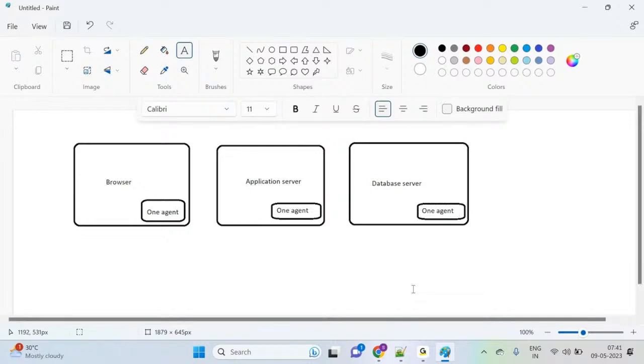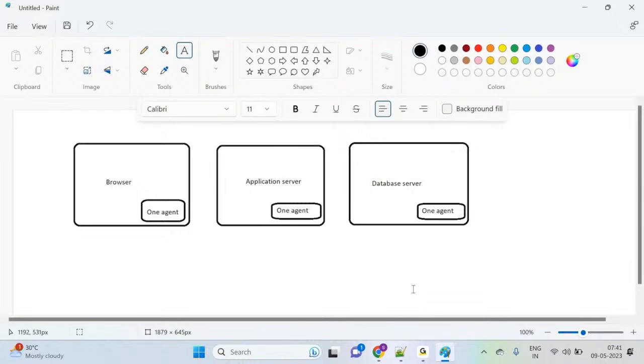So what are these agents actually going to do? These agents are designed in such a way that they collect browser-related information, application server-related information, database server-related information, network-related information. Each and every layer's information it is going to collect.